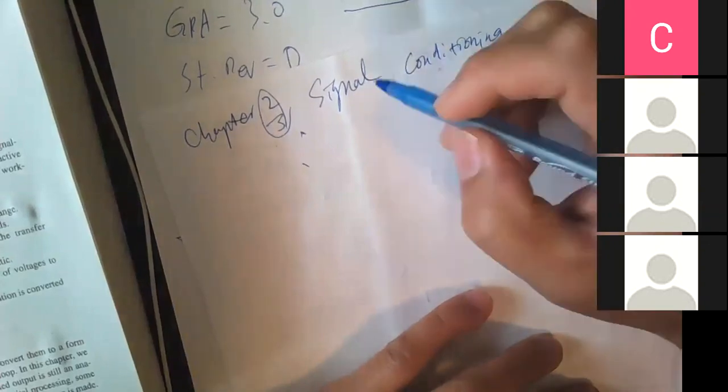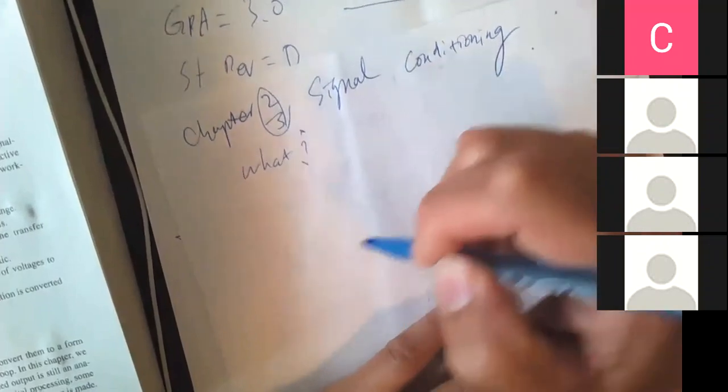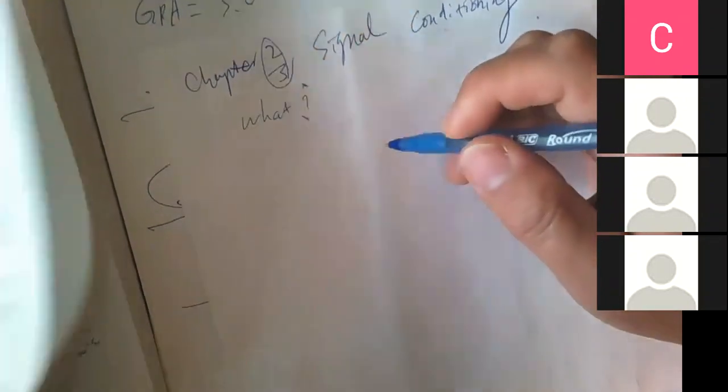In the 2 chapters we will talk about signal conditioning. What exactly do we mean? So the first topic is what? What is signal conditioning? The author has 5 types of signal conditioning.